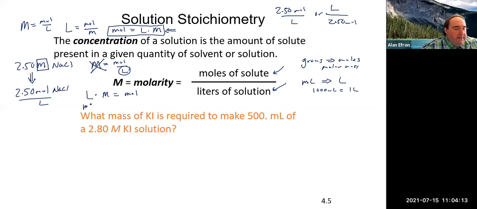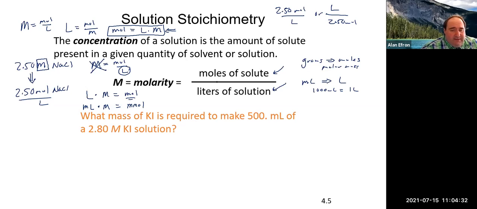If you take milliliters times molarity, you do not get moles. You get what are known as millimoles. So there is a difference. So when you're using molarity by itself, you do need to make sure the volume's in liters to get the moles, because that's usually what you're looking for.